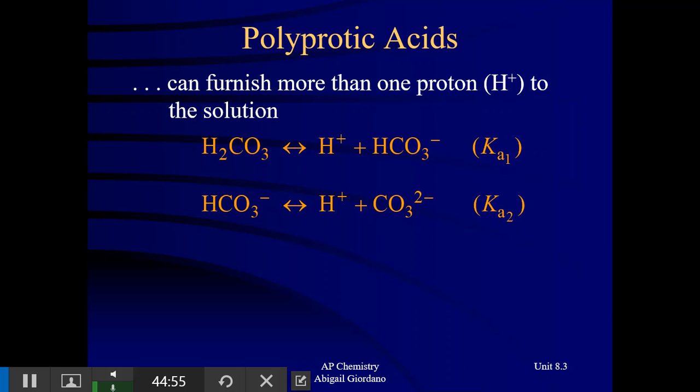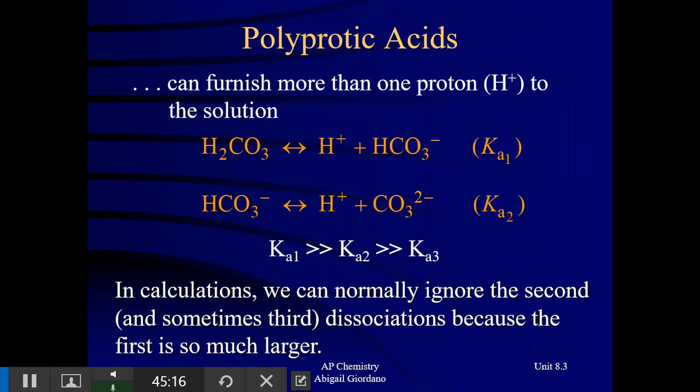What I want you guys to understand is that with polyprotic acids, these hydrogens are not donated all at once. They are donated one at a time. So you see two separate reactions here. You see two separate Ka values.